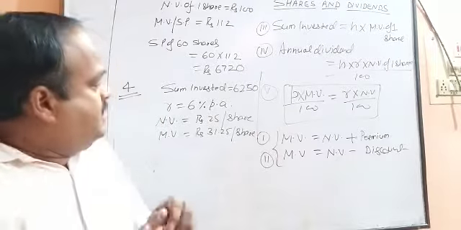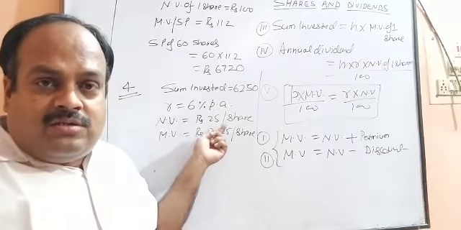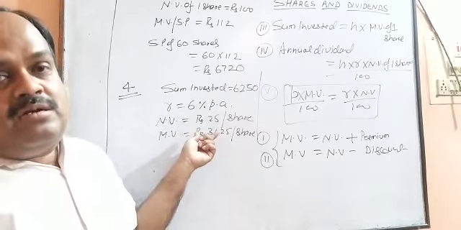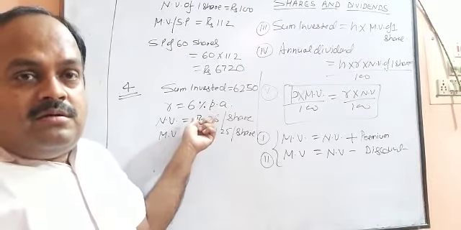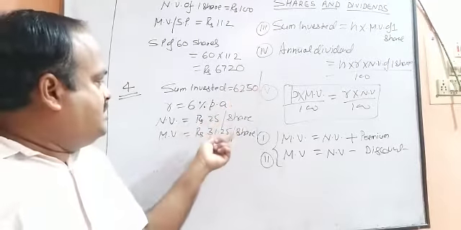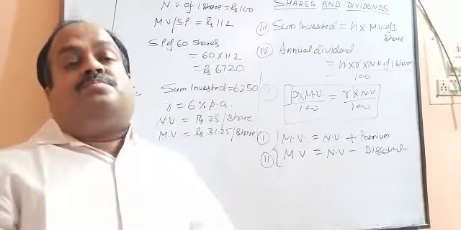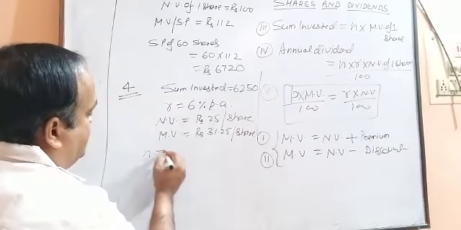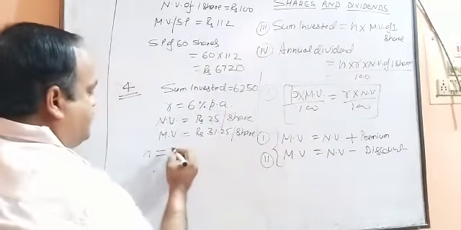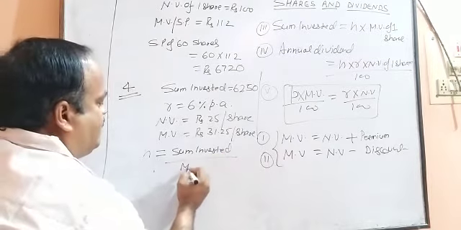So this is the market value of the share, and this is the nominal value of the share. Ravi has invested this much amount. So using the market value and the sum invested, we can find the number of shares purchased by Ravi. So N is equal to sum invested upon market value of one share.